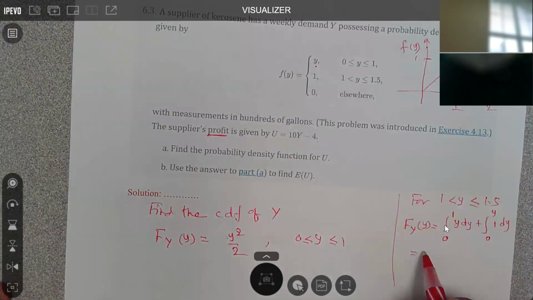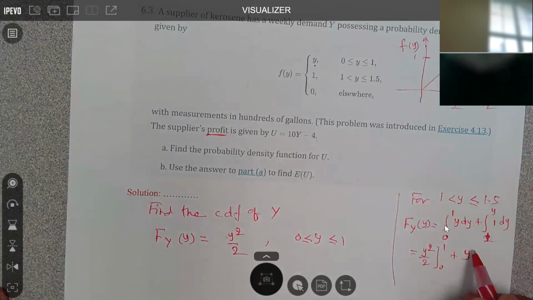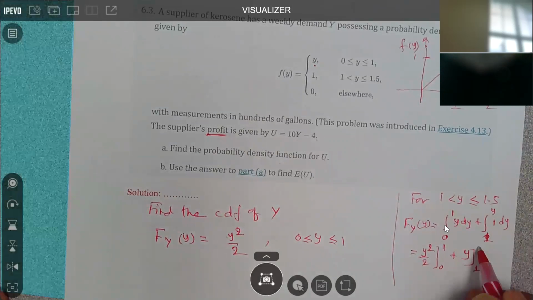So this is equal to Y square over 2, 0 to 1, plus Y, 1 to Y.